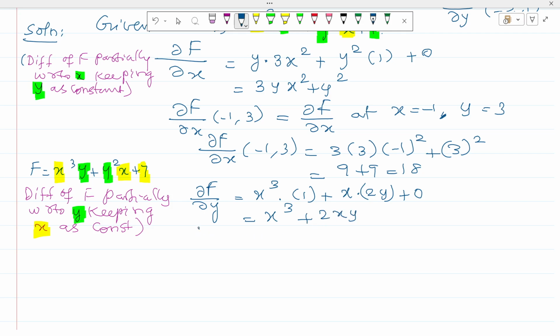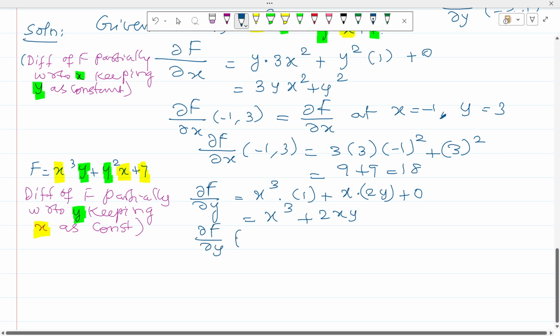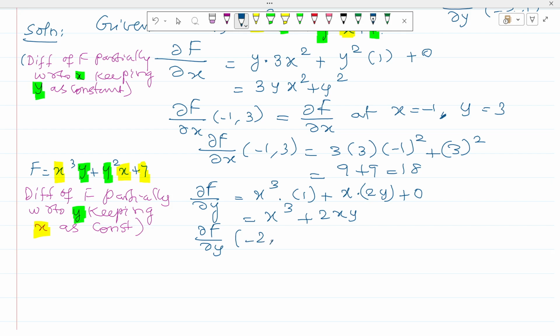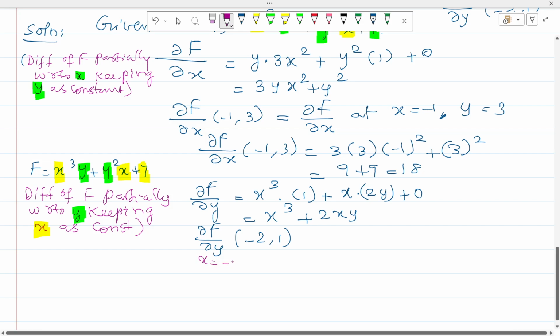But they are asking for dou f by dou y at the point minus 2 comma 1. So that means what? Dou f by dou y at x equal to minus 2, y equal to 1. That is the meaning.